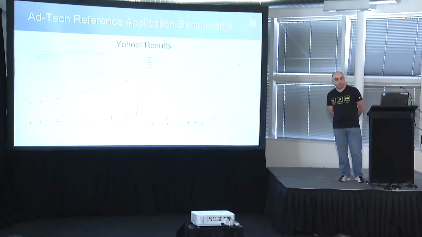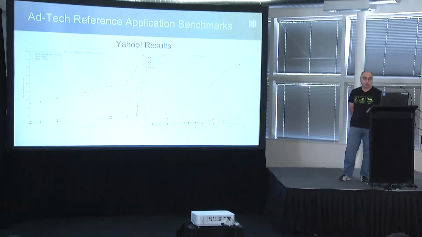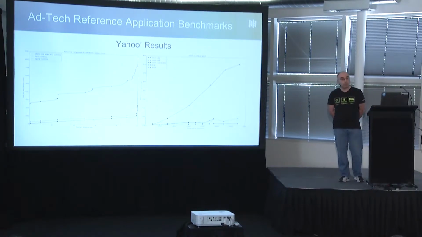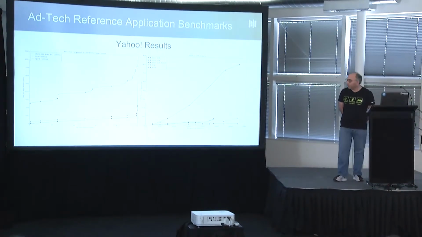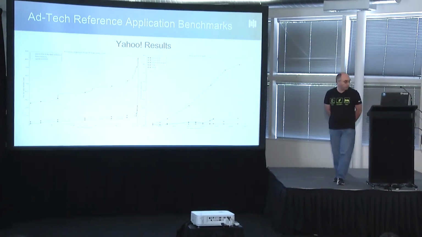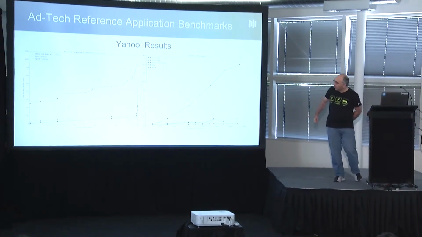It's published by Yahoo. They compared Spark Streaming with Storm with Flink. For me it's on the right, for you it's on the left, right?